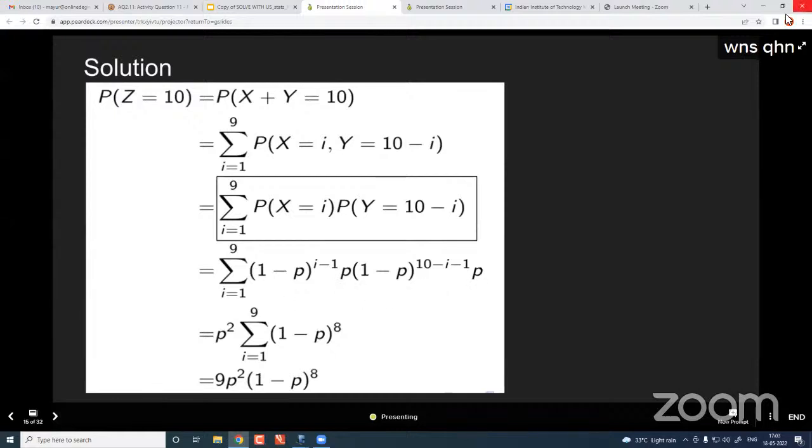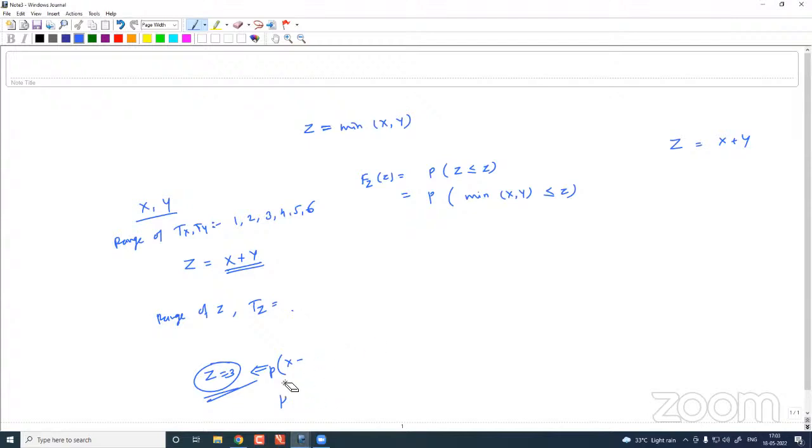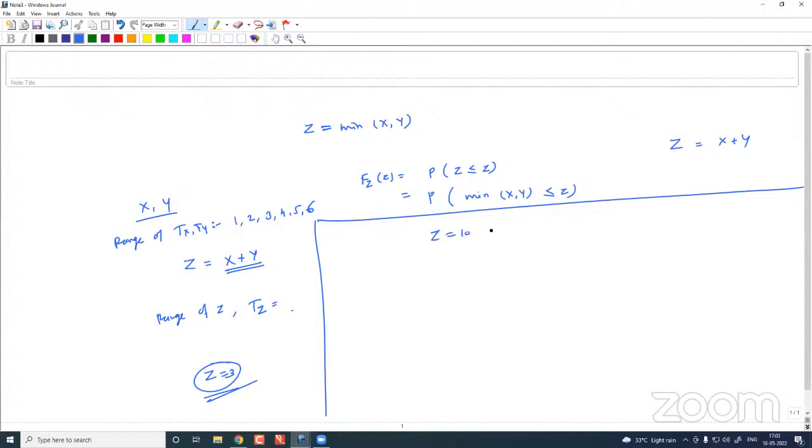Sir, what about the last bit? At the end I'll write it also. So what you have to find is Z equals 10.